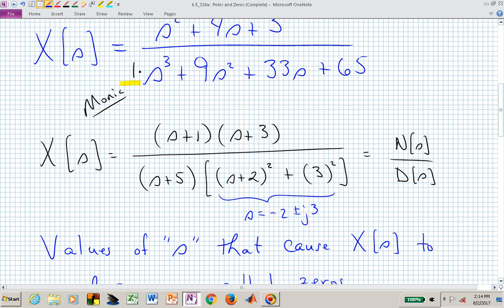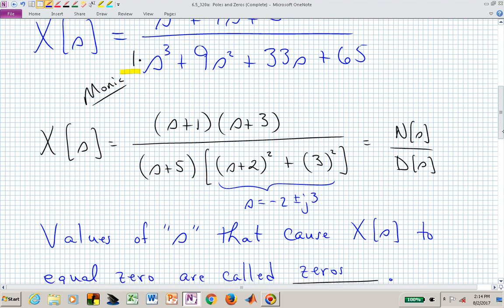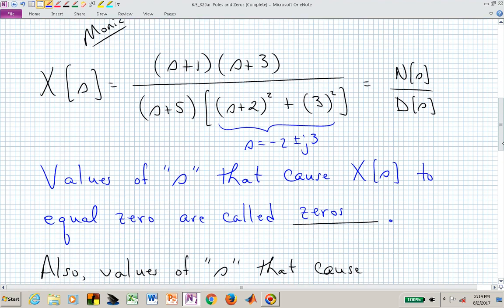One of those poles is at s equal to -5. That causes that linear factor to go to 0, or capital X of s to go to infinity. And either of -3 plus j3 or -3 minus j3 cause that quadratic factor to vanish, causing the entire transform capital X to go unbounded.